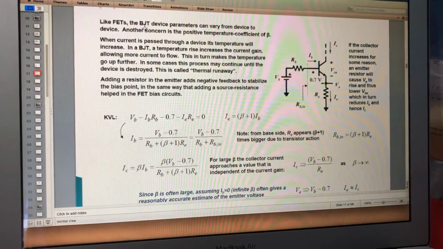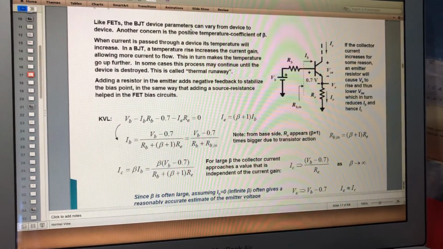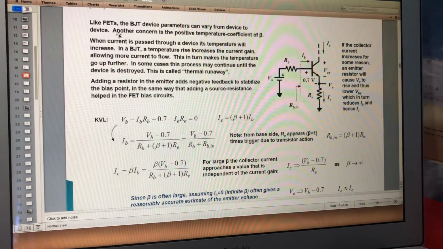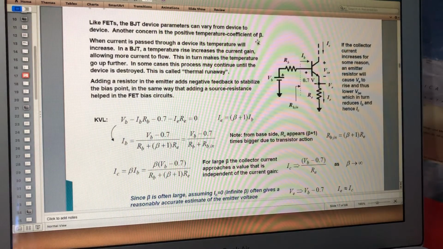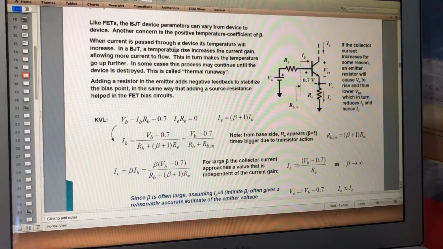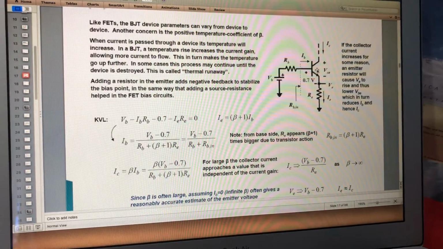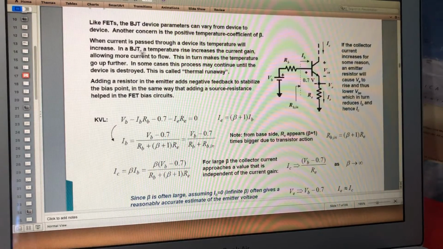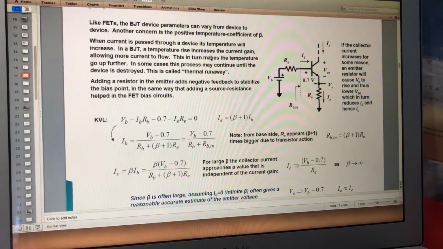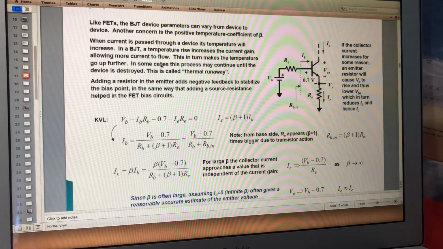Like FETs, the BJT device parameters can vary from device to device. Another concern is the positive temperature coefficient of beta. When current is passed through a device, the transistor temperature will increase. Of course, it has some heat. In a BJT, a temperature rise increases the current gain, allowing more current to flow.